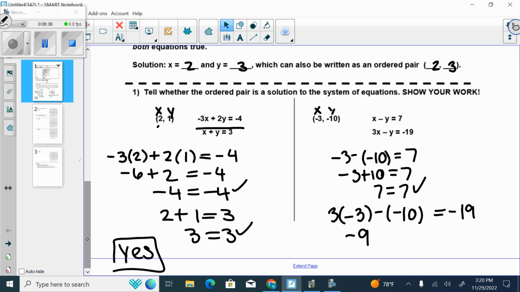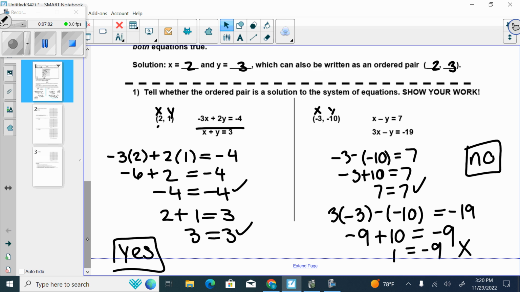And you guys already told me 2 negatives in a row make a positive. What is negative 9 plus 10? 1. Does 1 equal negative 9? No. So this one didn't work, so no, this one is not an answer for us, okay?